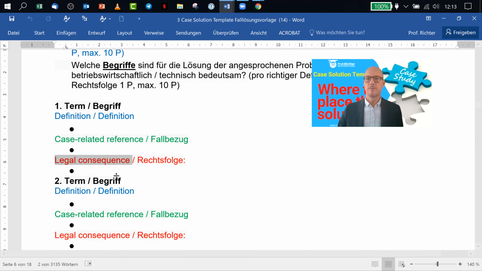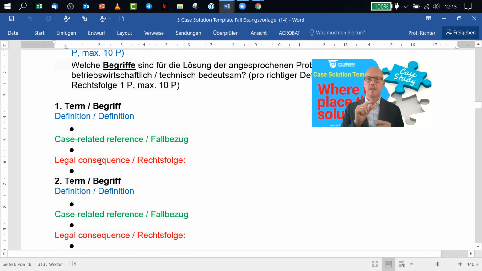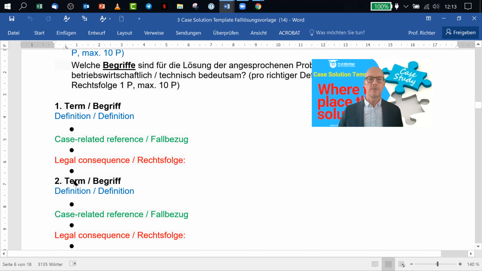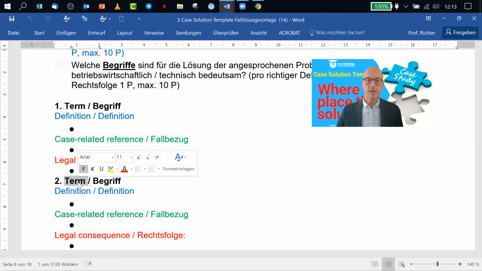The students who work very well on this always have an order from general to more detail. And in the legal consequence, there's always a cliffhanger to the next term. So they say, we have to find out, for example, if the first is they want damages, so they want money back, and so they have to prove the rules of international contract law.